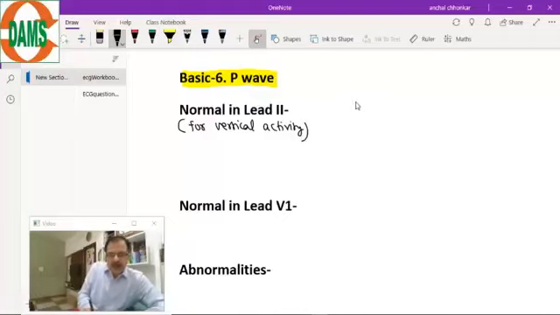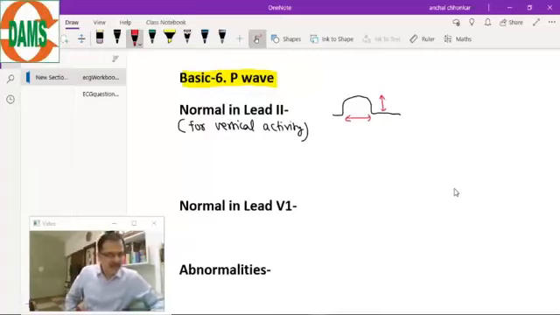So normally this is the dimension of the P wave: width and height.